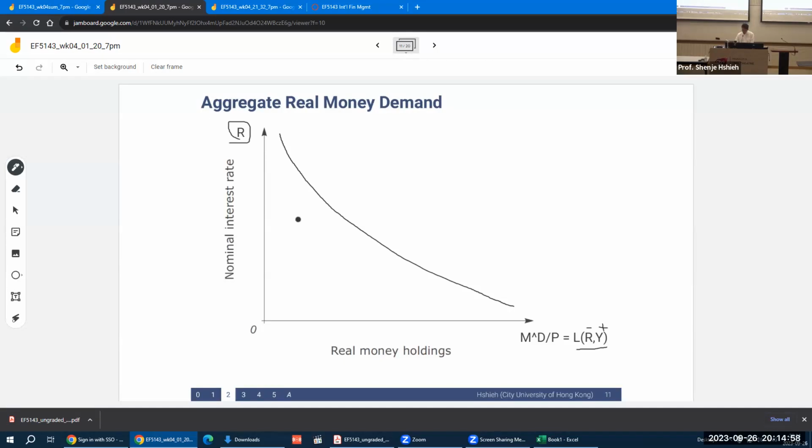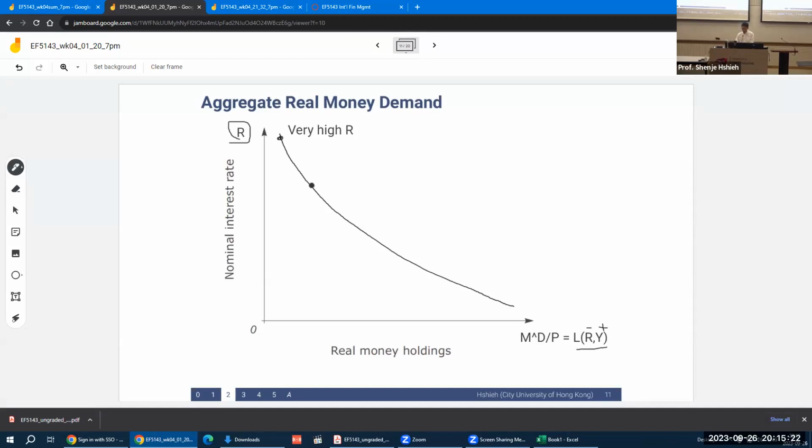Hopefully this makes intuitive sense. When you have very high interest rates, there's very little demand for liquidity. If I have a 50% interest rate, nobody wants to hold on to money.